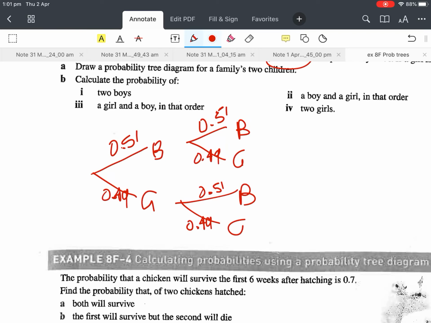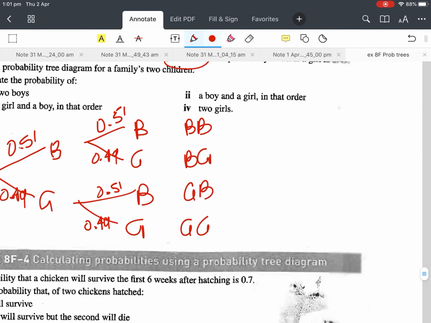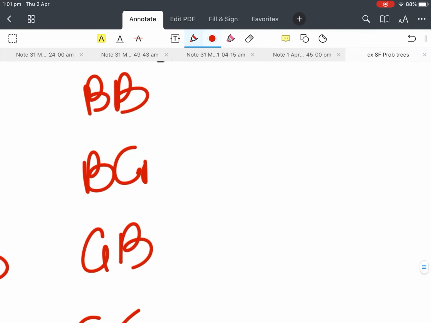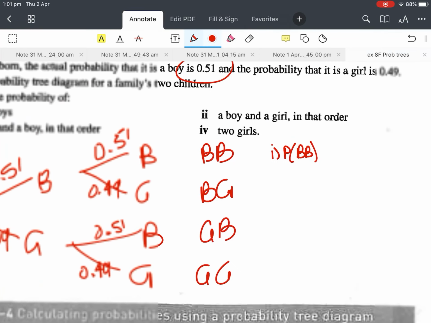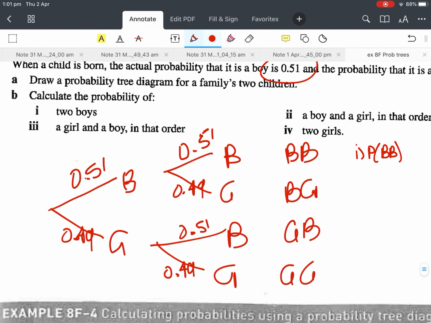Okay, outcomes are BB, BG, GB, and GG. I'm going to have to write smaller for this one. So now it wants me to calculate the probability of 2 boys. So I'll see if I can write it here. So I want the probability of boy, boy. So what I need to do is I need to look at the boy branches.